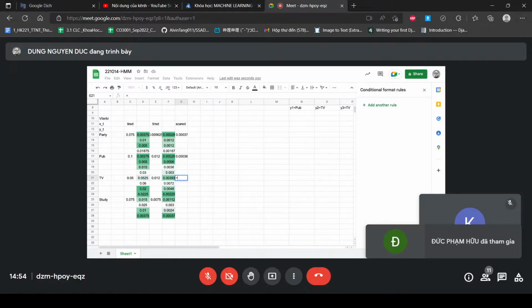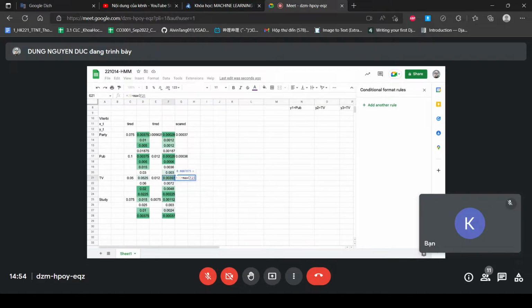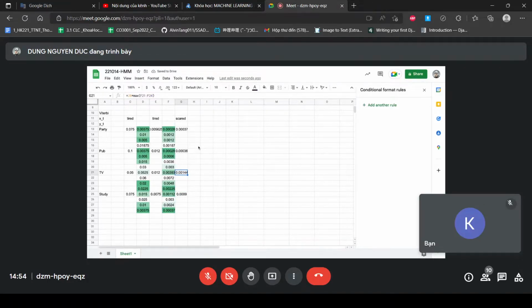So this one will be J6 multiplied with the max over those four. And finally you have J7 multiplied with the max over these four. All right. So in the end, you have the Viterbi probabilities of those four numbers.